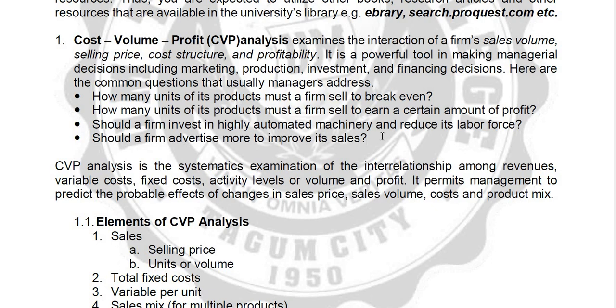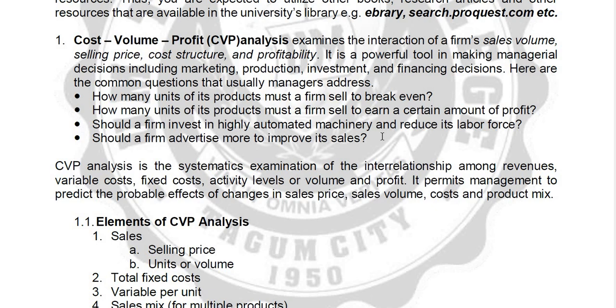So you are guided, or the management is guided as to like for example in a month, so ang target niya, say for example 100,000 units, but then to ensure that meron silang profit na marireport. So for example, nasa mid na ng month pero yung sales nila ay nasa 50,000 pa lang, so it will suggest that the firm should advertise more in order to improve its sales.